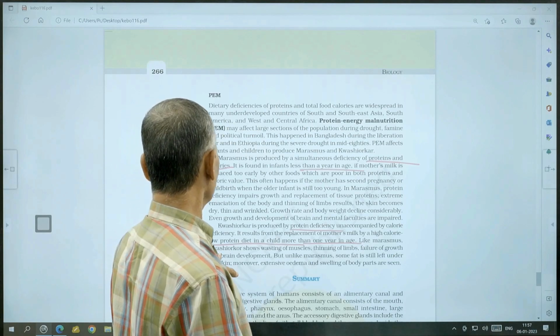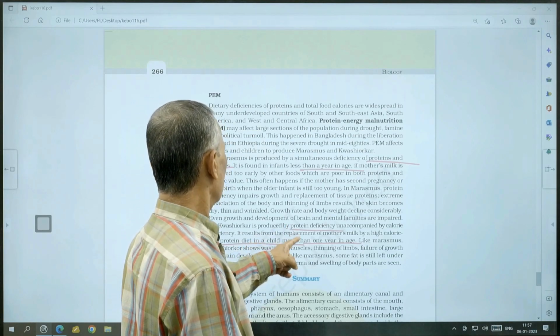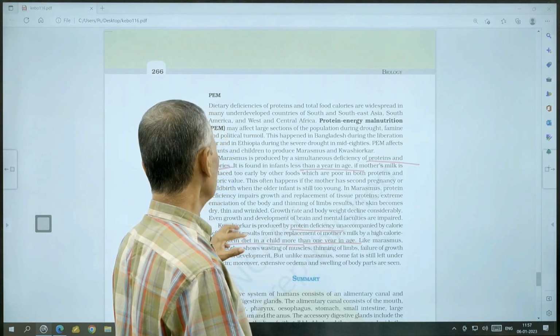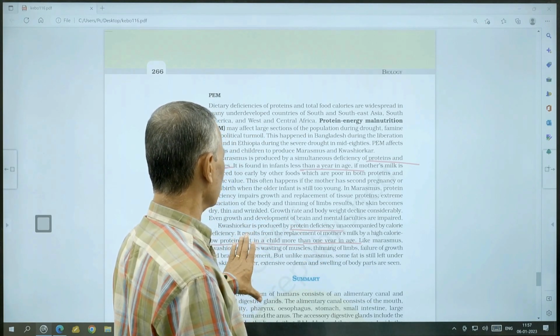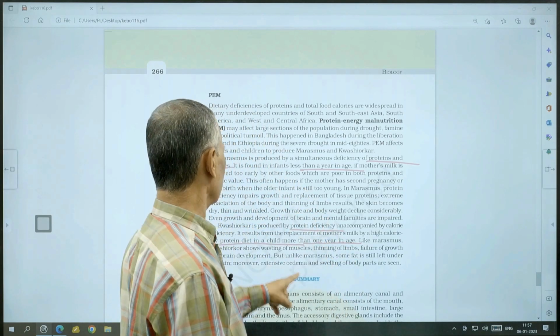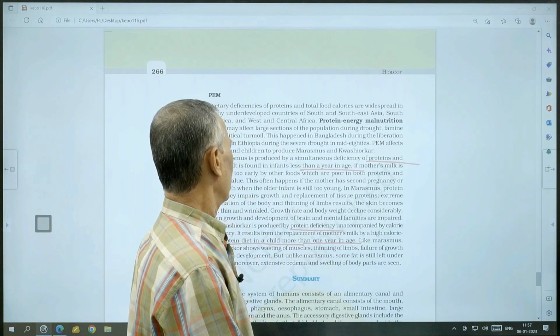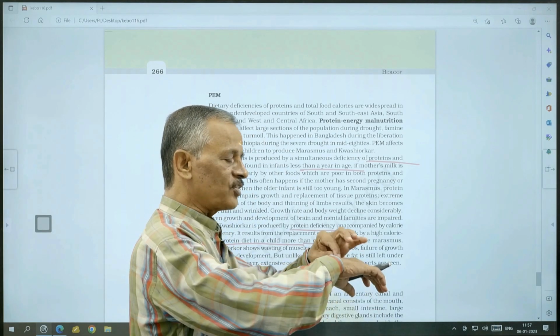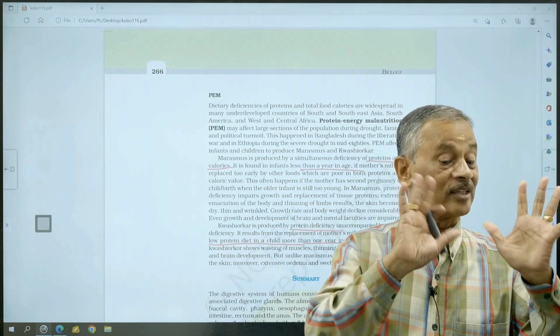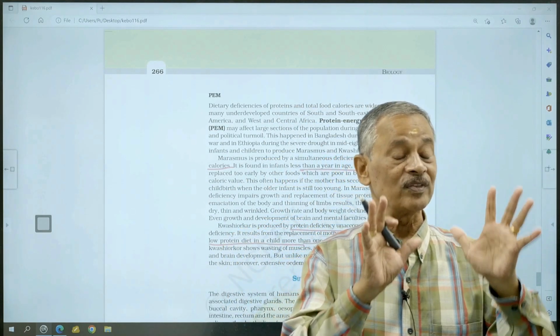Like marasmus, kwashiorkor also shows wasting of muscles, thinning of limbs, failure of growth, brain development impairment, etc. But there is one major difference. What is that? In kwashiorkor, there is some amount of fat beneath the skin. So there will be no wrinkling on the skin.